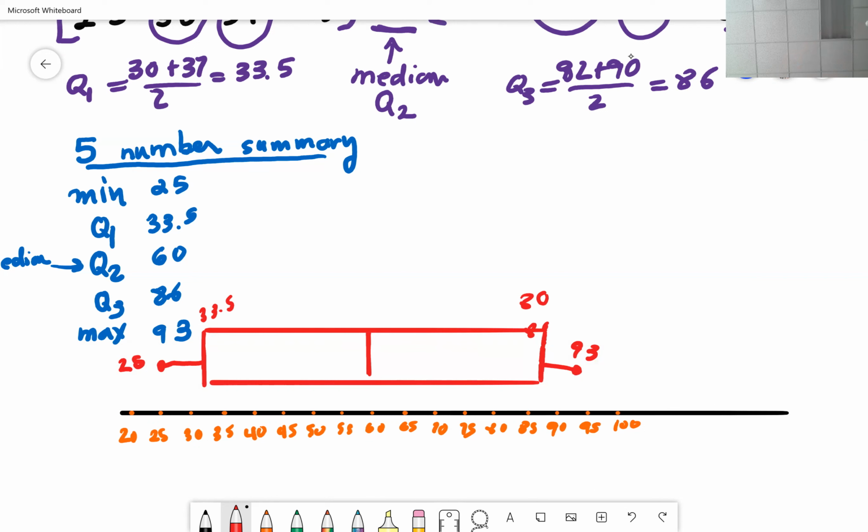That whisker is messed up though, so I'm going to make the whisker a little bit better and put the dot here, 93. There you go, 25. And you're done.